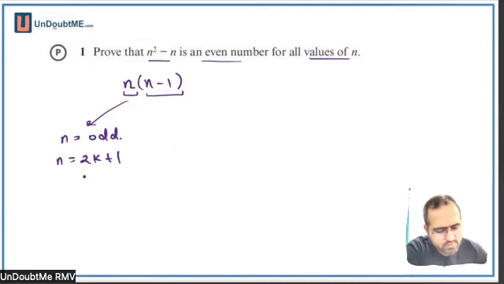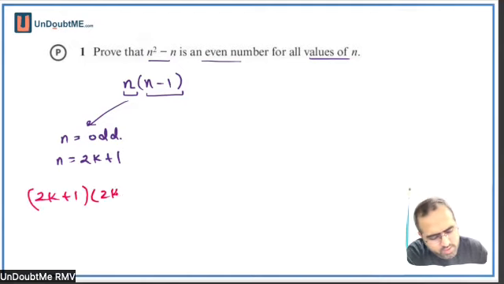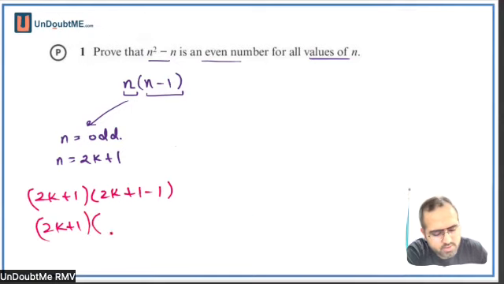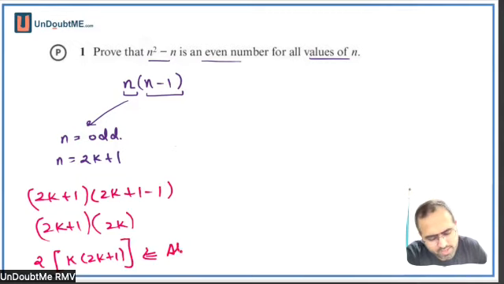So I will just replace n values by that, and I will get 2k plus 1 and 2k plus 1 minus 1. Now 2k plus 1 is an odd number, and 2k is an even number. So from here, I can see that this is 2 times k and 2k plus 1. That's why this will always be even.